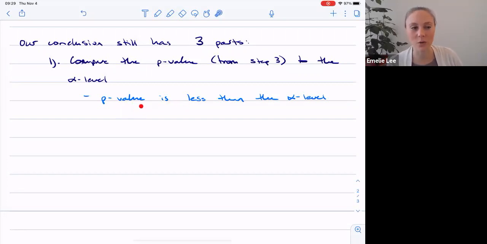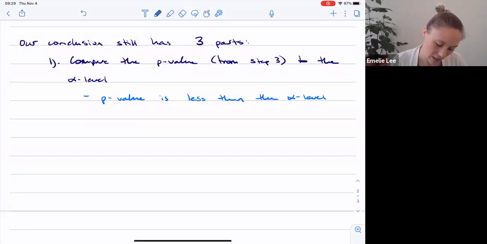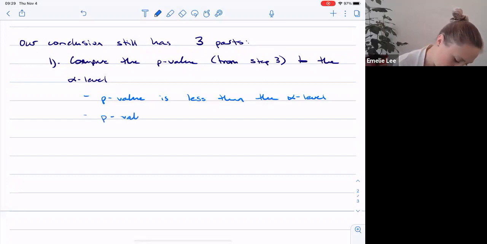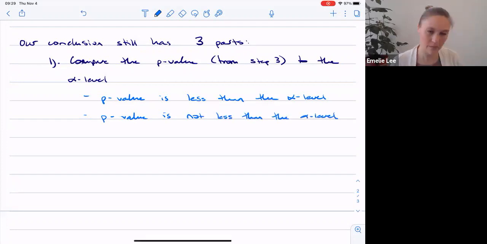So you want to back it up with the values. So 0.0064 is less than 0.05, right? Then you have that support. So the p-value is either less than the alpha level or the p-value is not less than the alpha level.